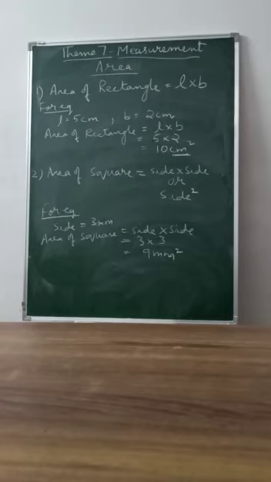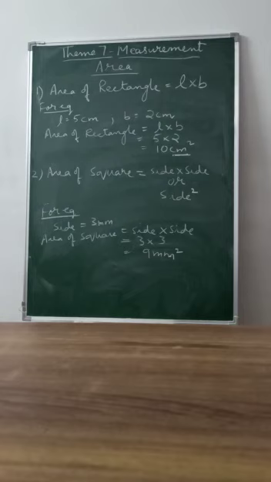You have to be very, very, very careful with the unit, because in place of centimeter square or meter square or millimeter square or kilometer square, if you simply write centimeter, meter, millimeter, kilometer, it will straight away fetch you a wrong answer.